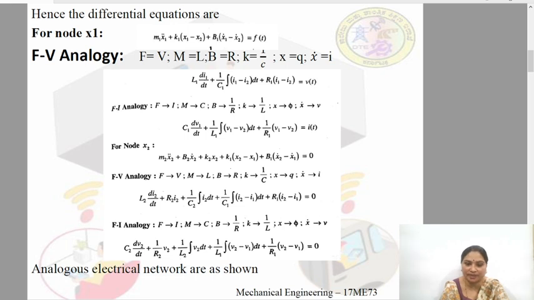The same terminologies have to be replaced as in force current: F is replaced by I, M by C, damper B by 1 by R, spring K by 1 by L, x by phi, and x dot by V. So the equation reduces as given below: C2 dV2 by dt plus 1 by R2 into V2 plus 1 by L2 integration of V2 dt plus 1 by L1 integration of (V2 minus V1) dt plus 1 by R1 into (V2 minus V1) is equal to 0.